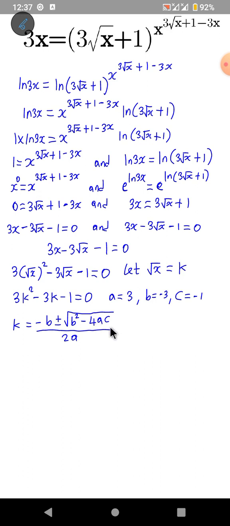Then now we'll continue again. This k, I'll write it again. K equal to minus, now b is minus 3, so open a bracket and put minus 3 there, plus or minus the square root.